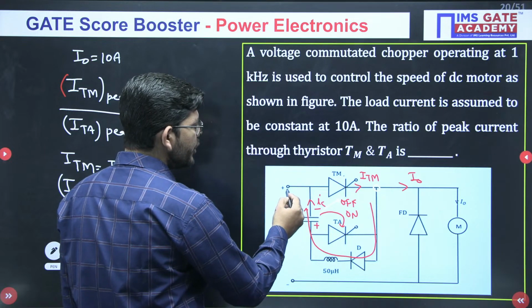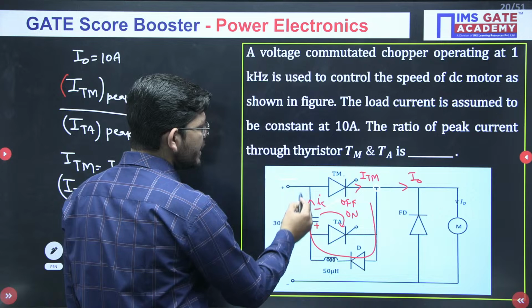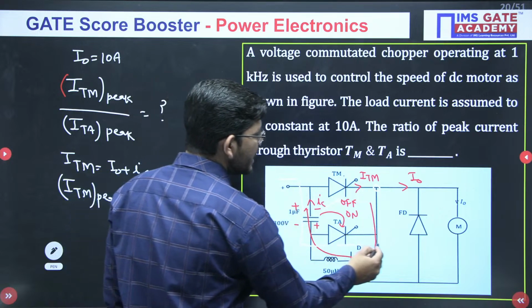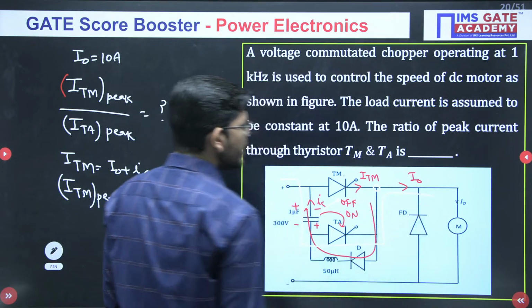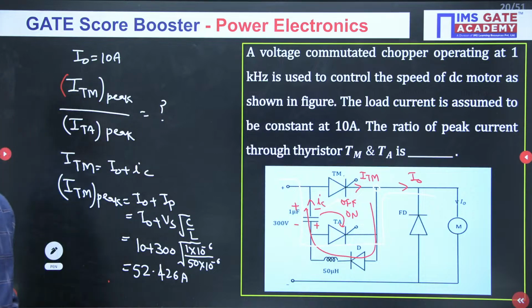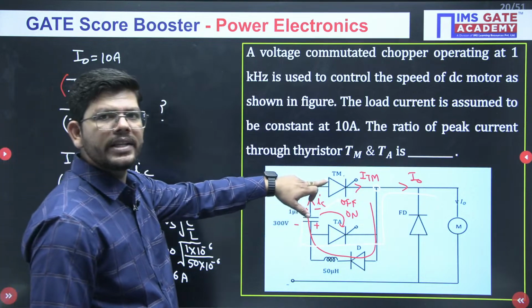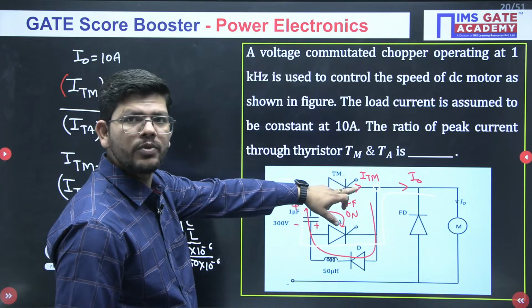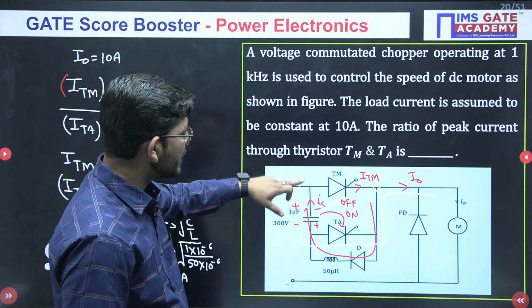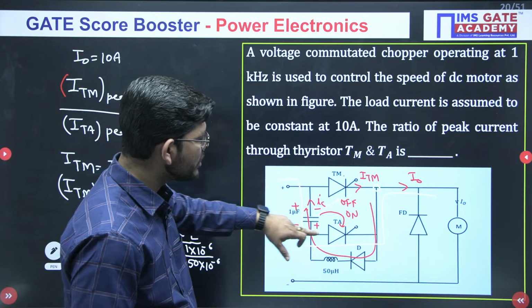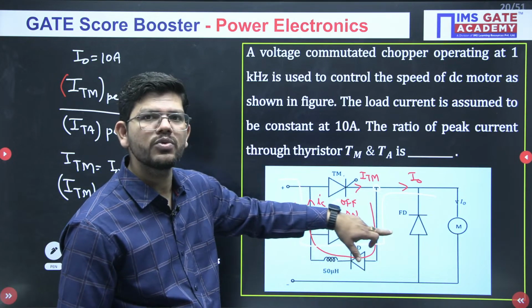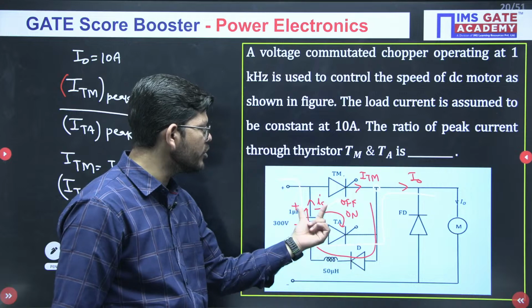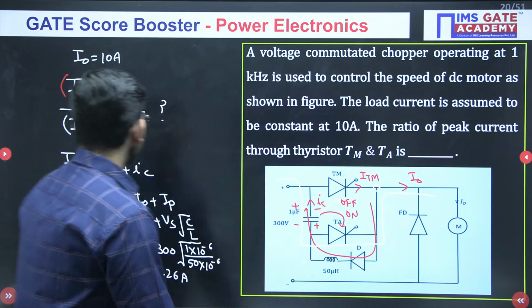So when the current is flowing through this circuit, what current will ITA be carrying? Just see, ITA will be carrying a current of I naught. Isn't it? Because TM will be off at that time. If TM is off, there is no path for ITM to flow. So right now we have this IC current which is flowing across TA, and that current is also equal to I naught, and the diode is also reverse biased.